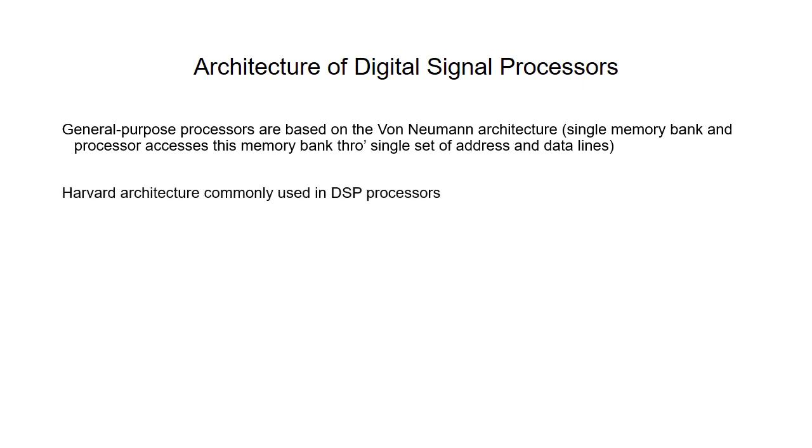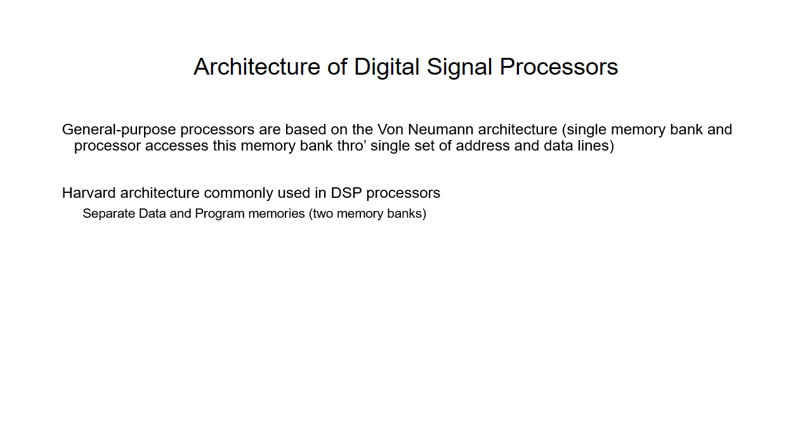Architectures of digital signal processors: general purpose processors are based on the von Neumann architecture. It means a single memory bank, and the processor accesses this memory bank through a single set of address and data lines.